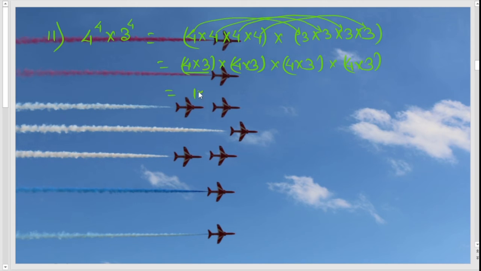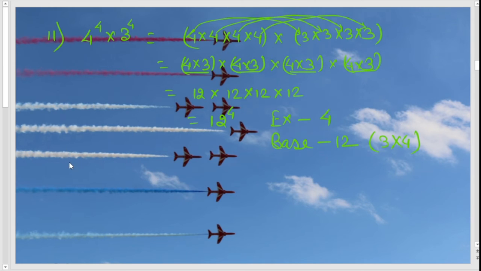We can write it 12 into 12 into 12 into 12. Now 12 multiplied itself 4 times, that means we can write it 12 to the power 4. Here the exponent is again 4, but the base is 12, that is 3 into 4.